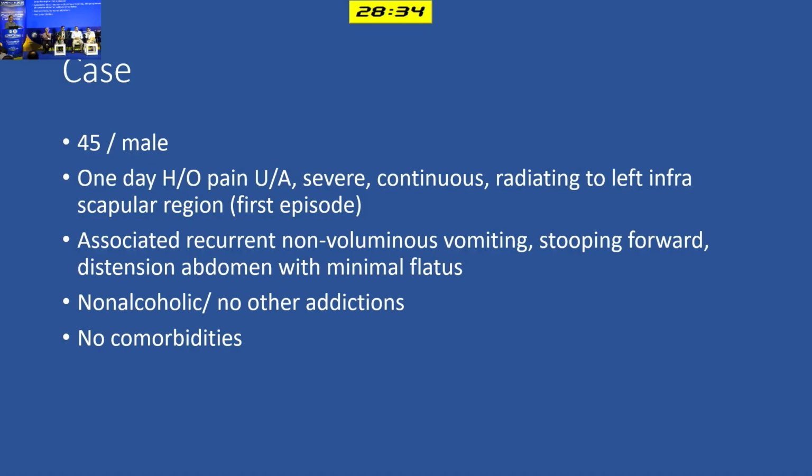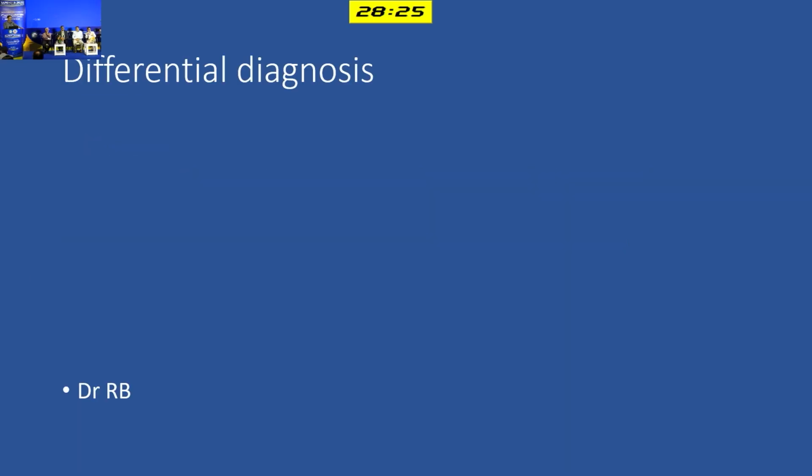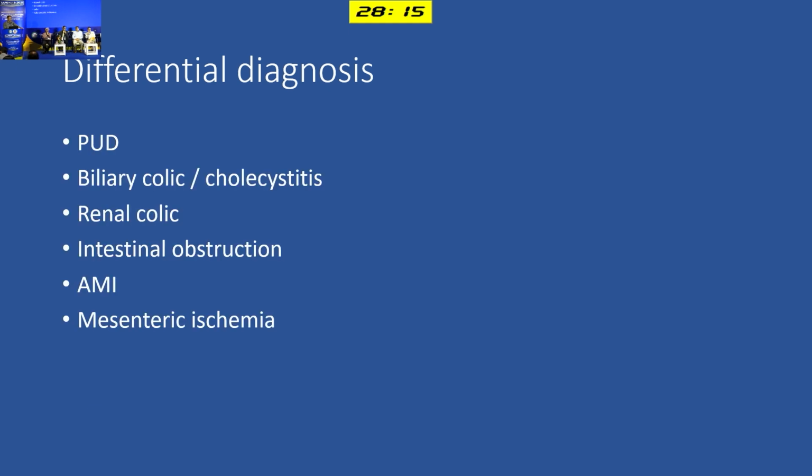But with all these symptoms, the first thing I would rule out is acute myocardial infarction. And all the causes of acute abdomen will have to be ruled out. Primarily perforative peritonitis, acute cholecystitis, acute peptic ulcer, mesenteric ischemia, definitely, and renal colic. So these are the commonest which we would think.